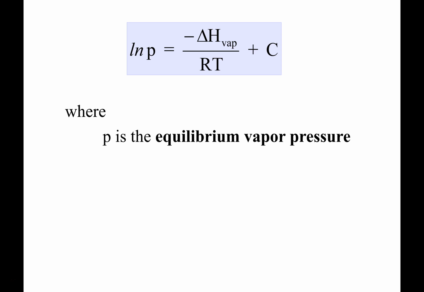So let's look at what that trend would be. If you have one substance, not different substances, but just one substance, what happens to the equilibrium vapor pressure if you increase the temperature? You increase the temperature and it will go up. Yep.